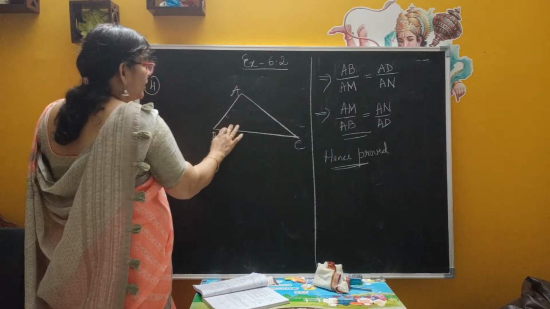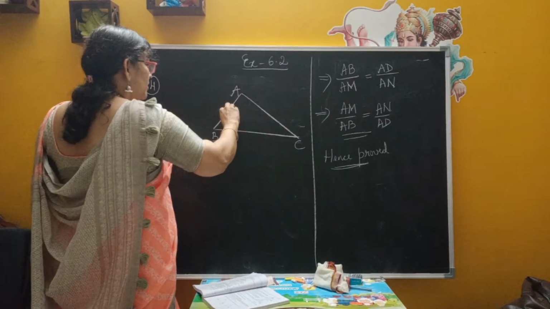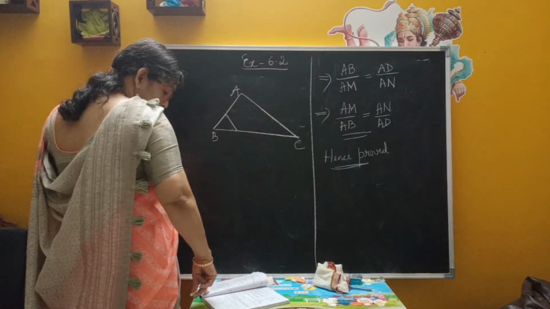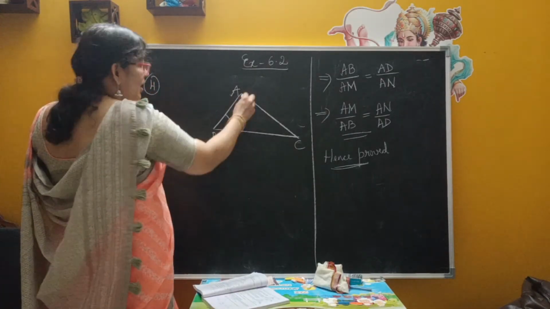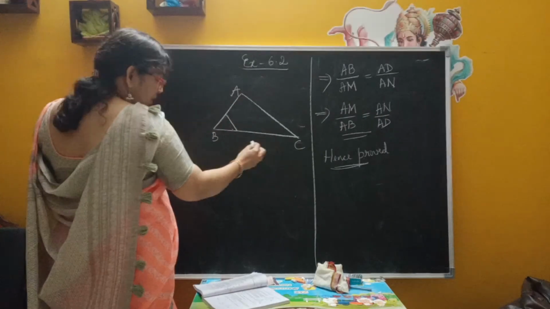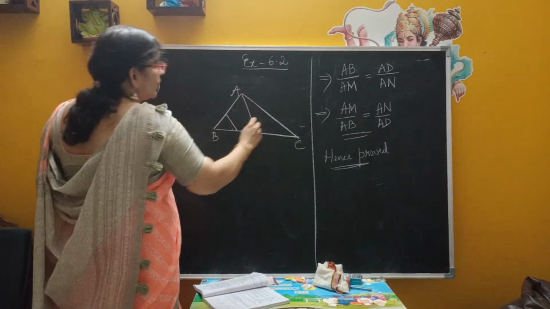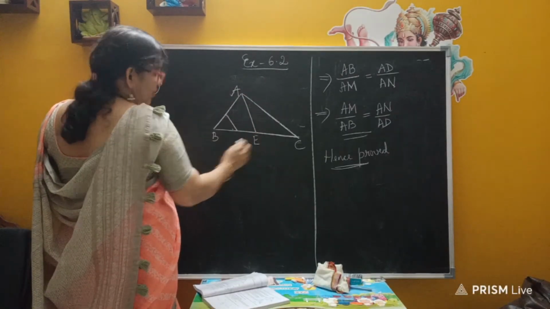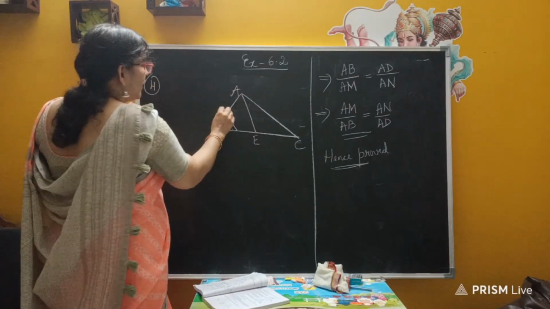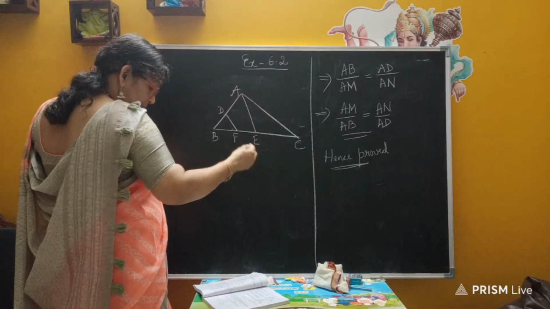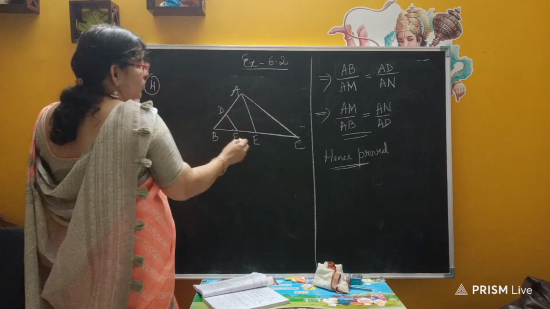This DF is parallel to AC, and one more AE. Here we have a point on the line, and it is joined to A, point E, and this is point D and F, and DE is also joined.